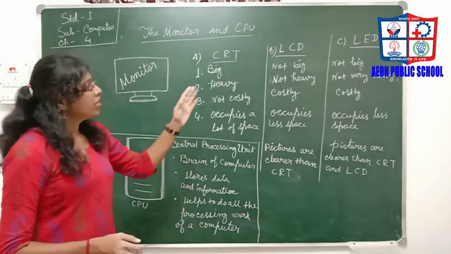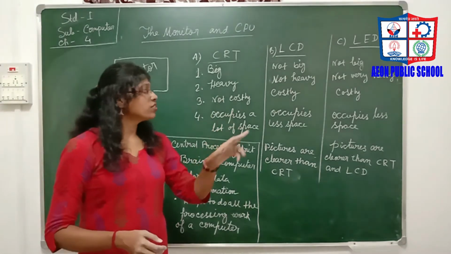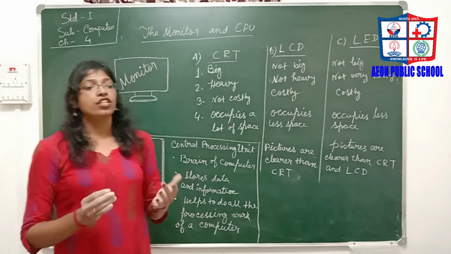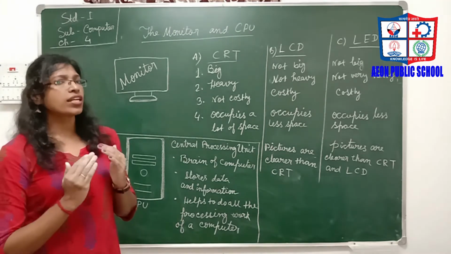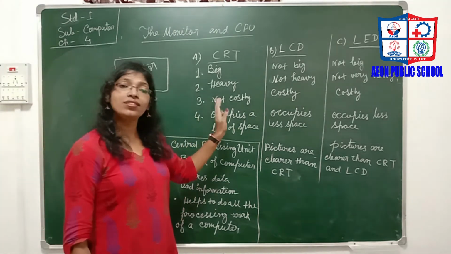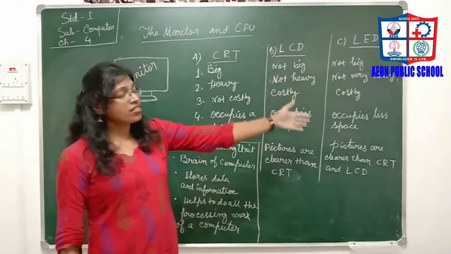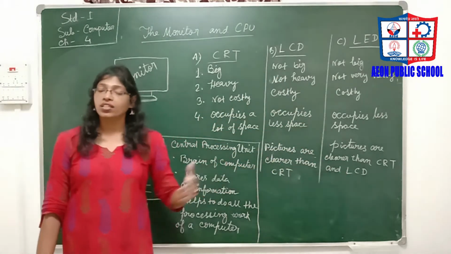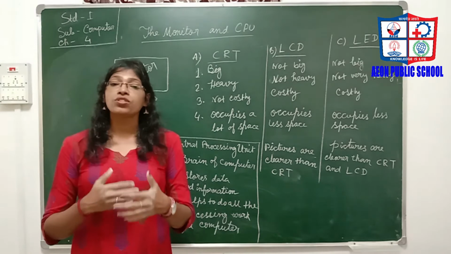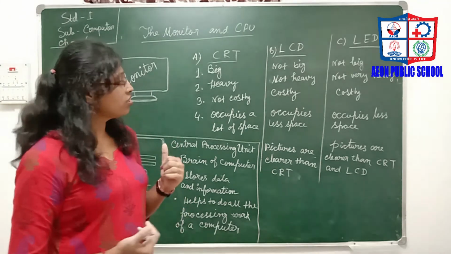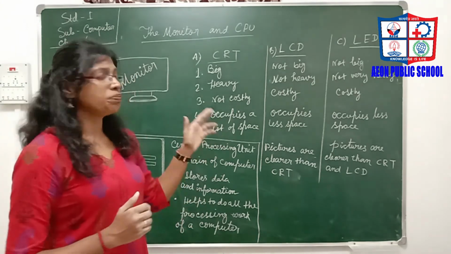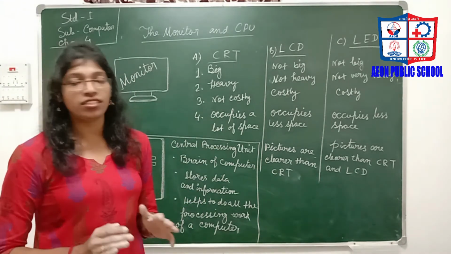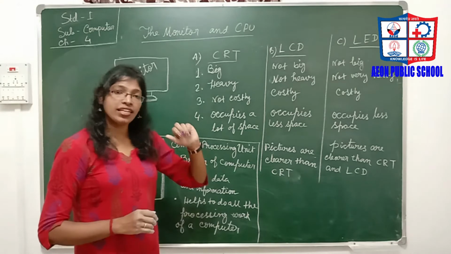An LCD monitor is not big, not heavy, costly, and its pictures are clearer than the CRT. The LED is the most costly monitor, occupies very little space, and its pictures are very clear.